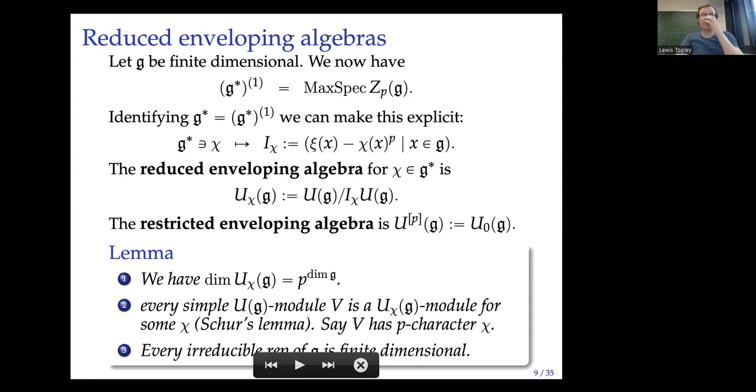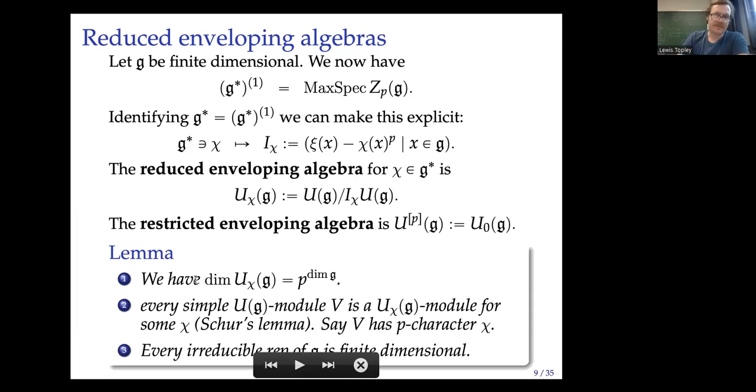Okay, so we've got a classification of maximal ideals now in terms of the dual space of g. The reduced enveloping algebra for chi is defined to be the quotient by the ideal generated by this maximal ideal. And the restricted enveloping algebra is just the one corresponding to the zero p-character.